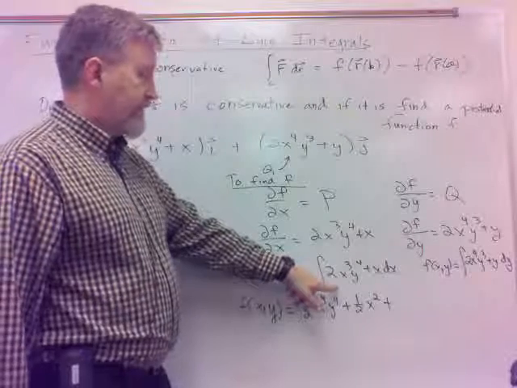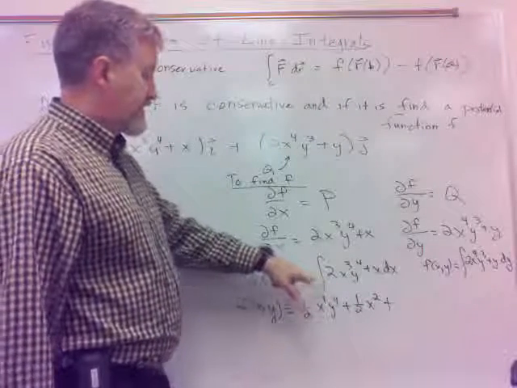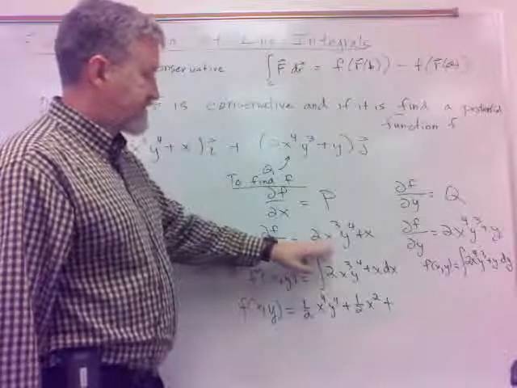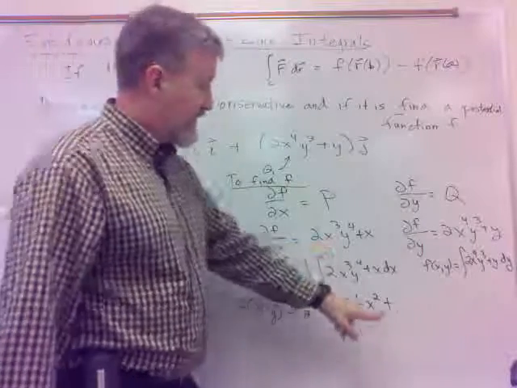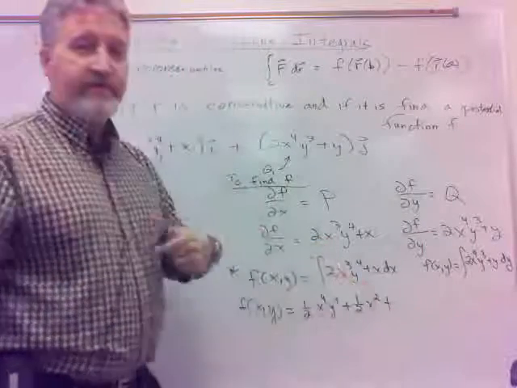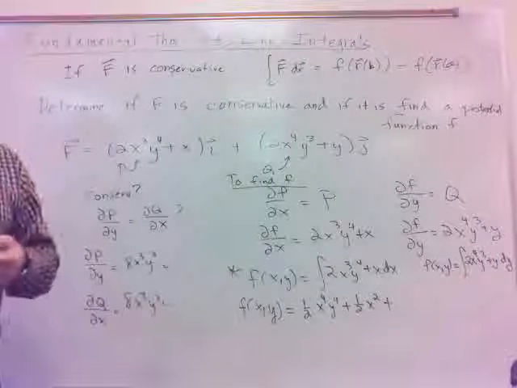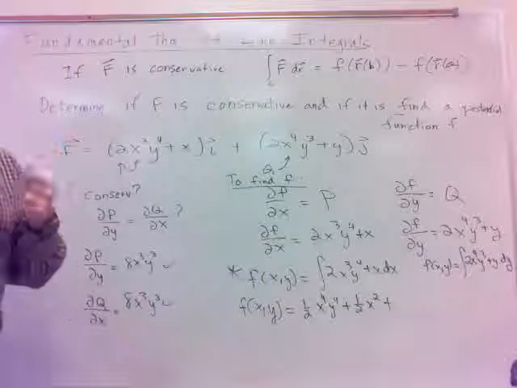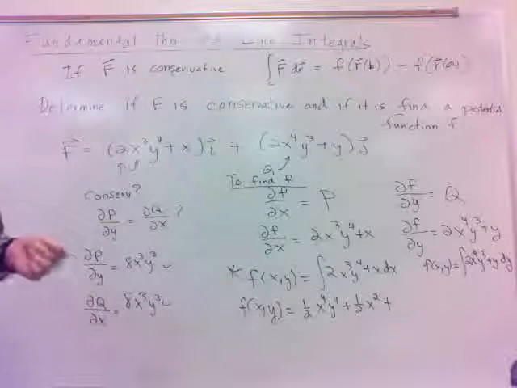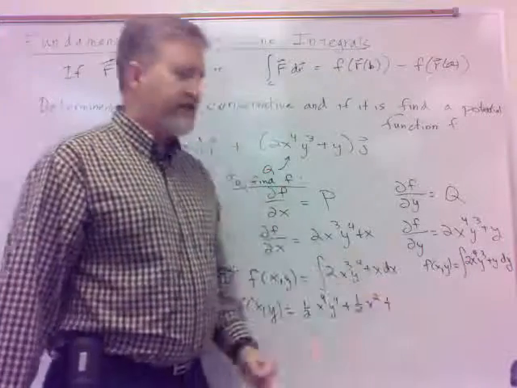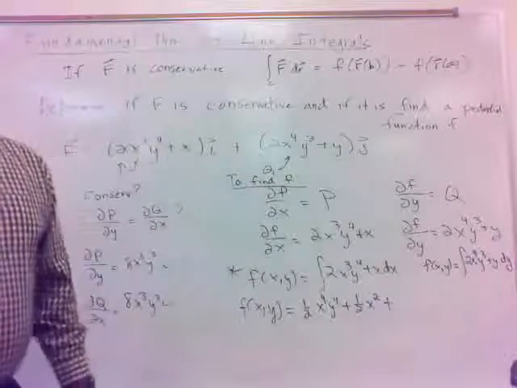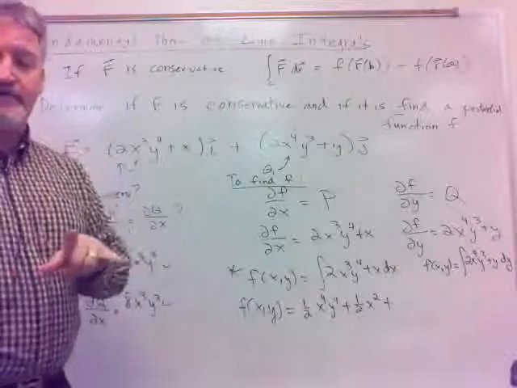Well, the thing about it is the other part to this really could have been anything, function of y, right? It could have been just about anything as a function of y, as long as it didn't have an x component, right?